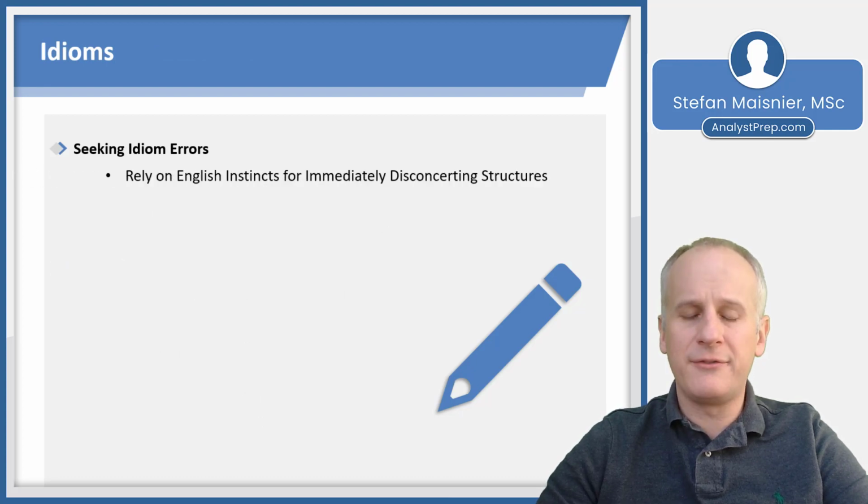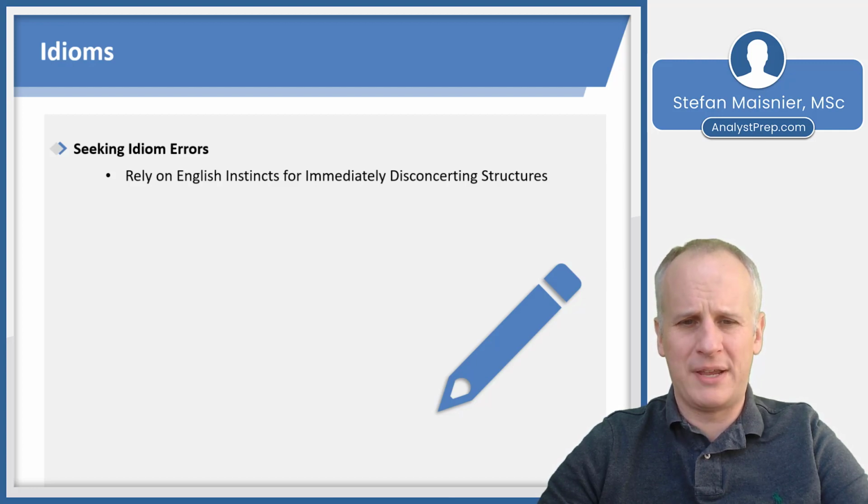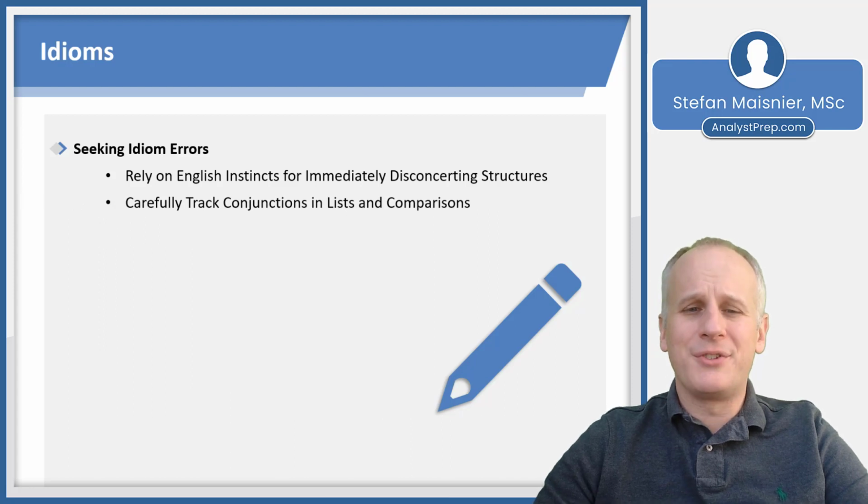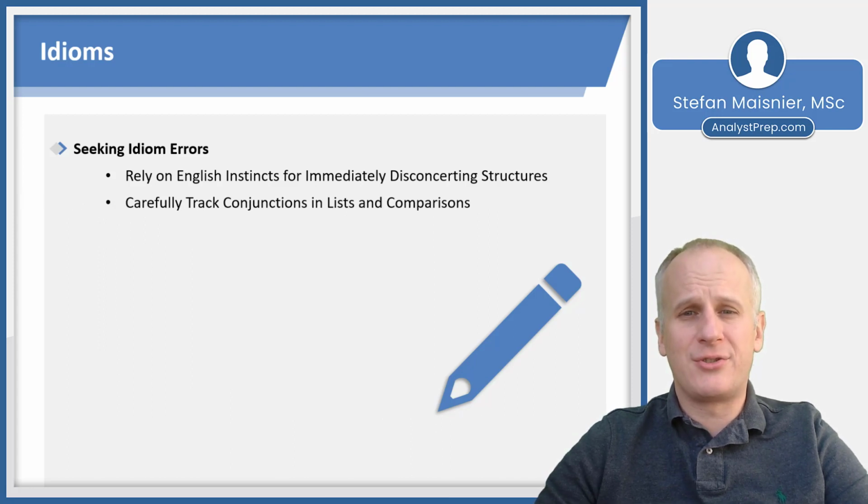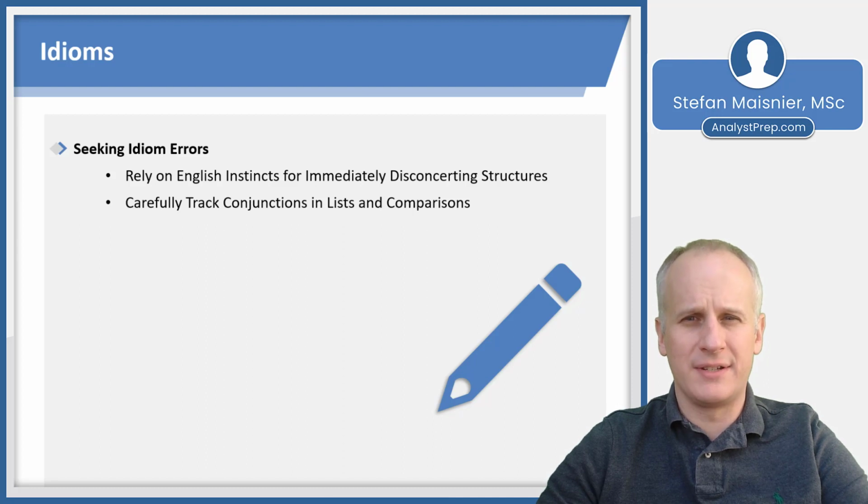So, first, you do have to rely on your English instincts for things that just seem immediately incorrect and disconcerting. You're just like, that doesn't seem to be the way it should be. You will want to also carefully track conjunctions, transitions, small words in lists and comparisons because oftentimes idioms are, in a way, in tandem with issues of parallelism and comparisons, lists, even potentially modifying phrases.